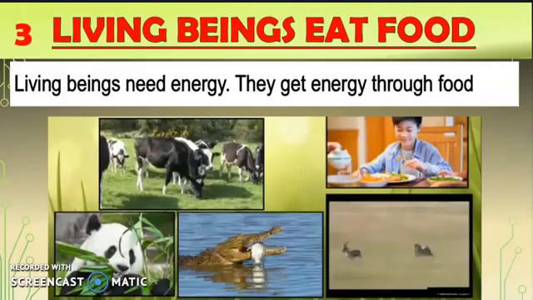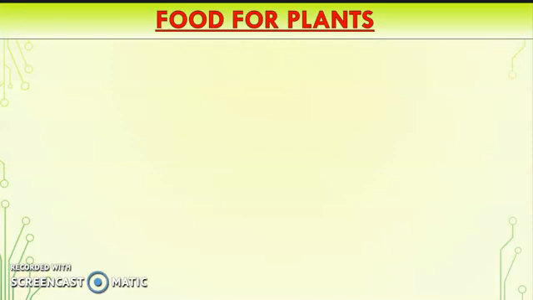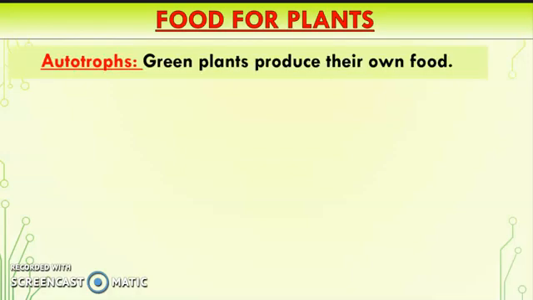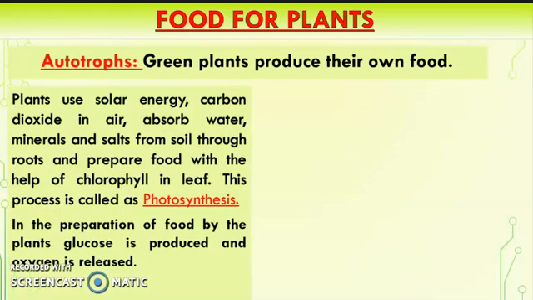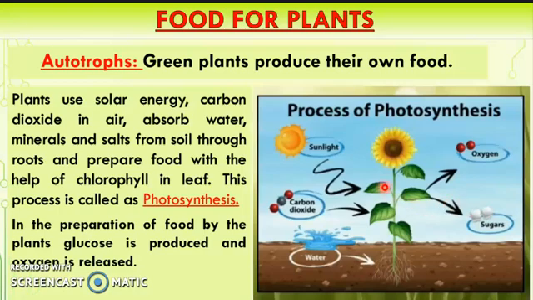Now let us look at the food for plants. So the plants are called autotrophs. The green plants produce their own food. You see in this picture that the plants use solar energy and carbon dioxide.